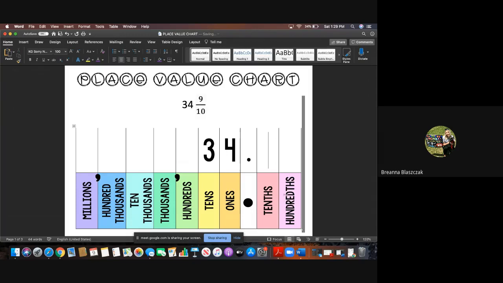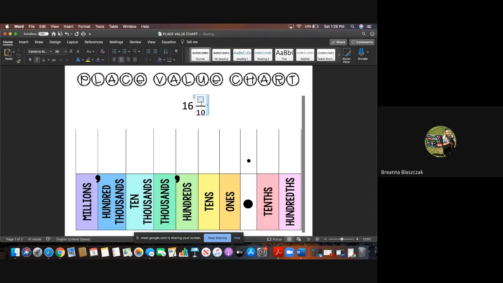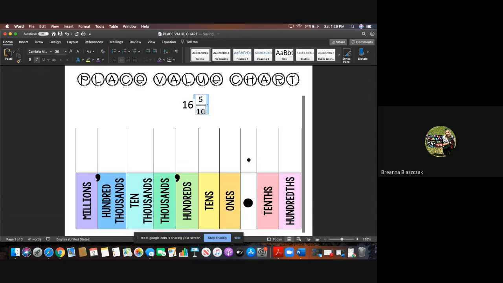Now we can also do this using the hundredths. Say we have 16 and 5/100ths. So we do have a whole number now because it's a mixed number. So 16, 1 is in the 10 spot, 6 is in the 1 spot.